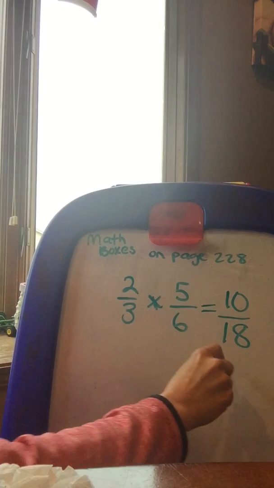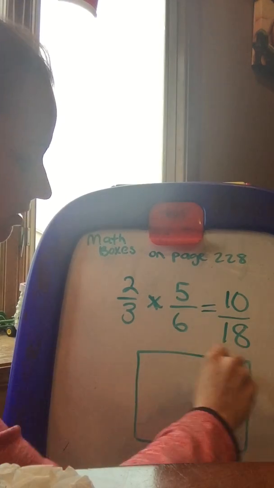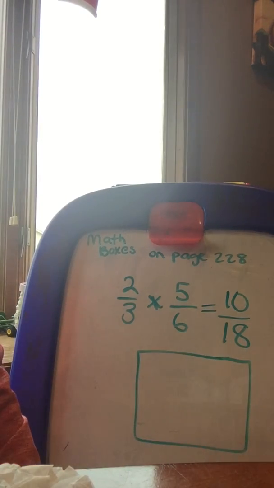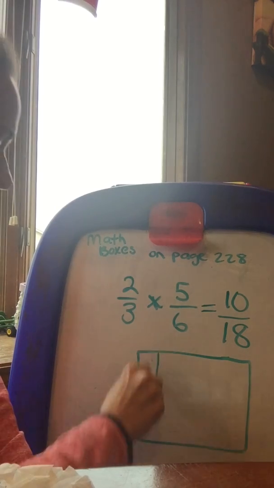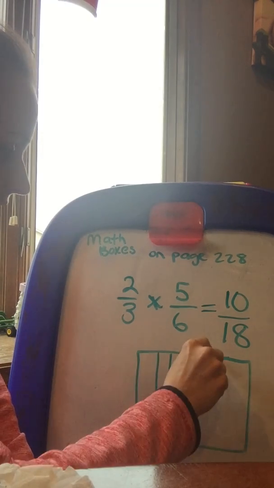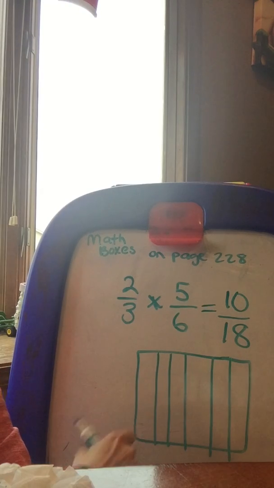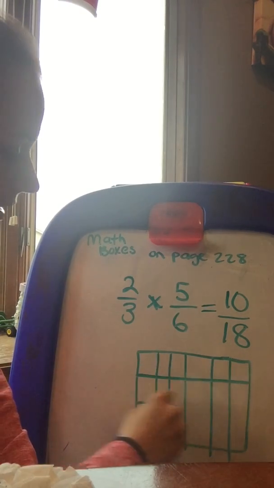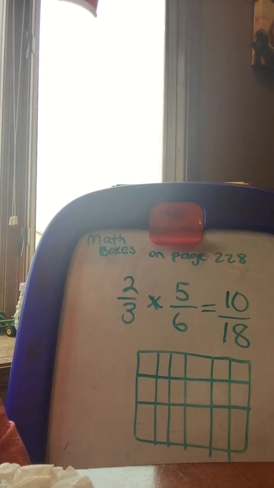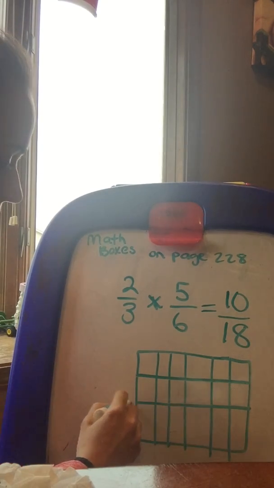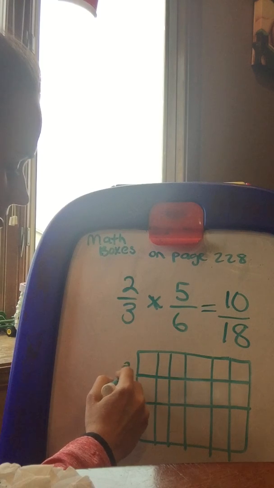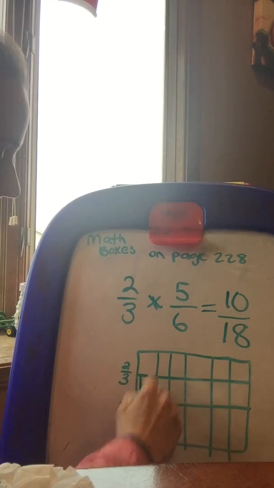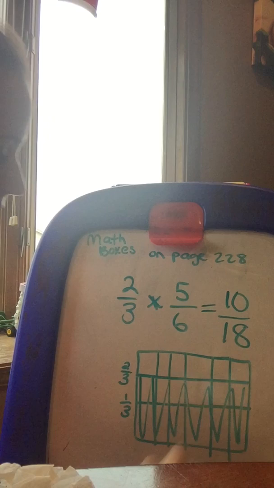So here is what the grid looks like. You have 6 sections going left to right, and then you have 3 going top to bottom. So when I do this, this would be 1/3, this would be 2/3. So I know that I'm going to shade in these for 2/3.